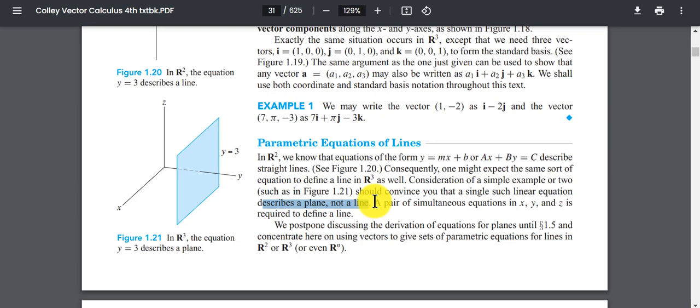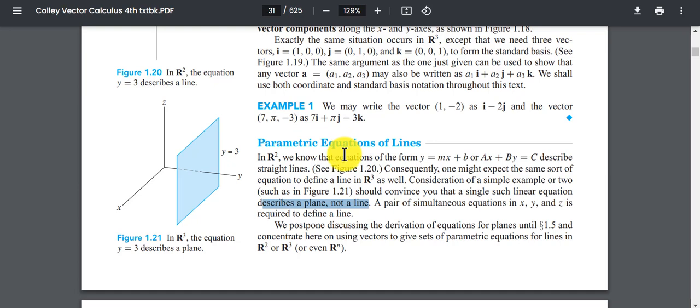And then she says a pair of simultaneous equations in x, y, and z is required to define a line. So just having one equation in x, y, and z, just like here one equation in x and y gave us a line, won't do it.